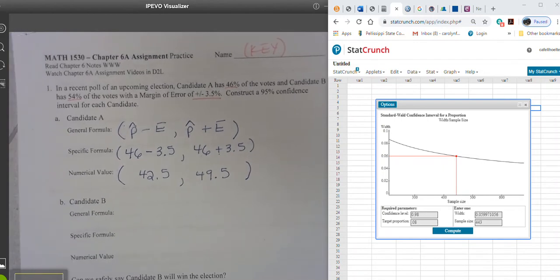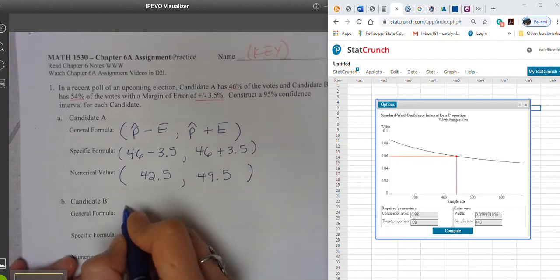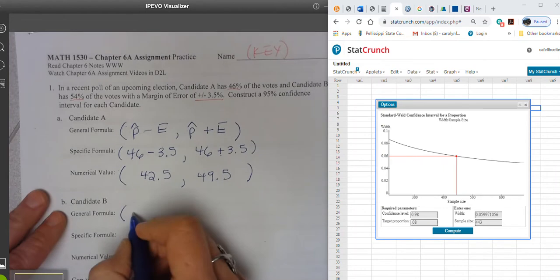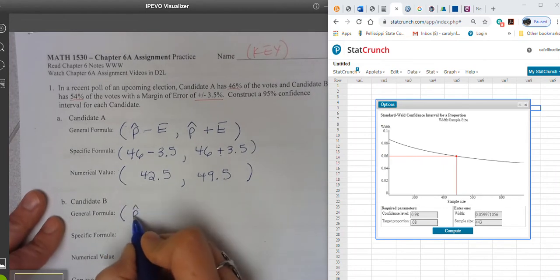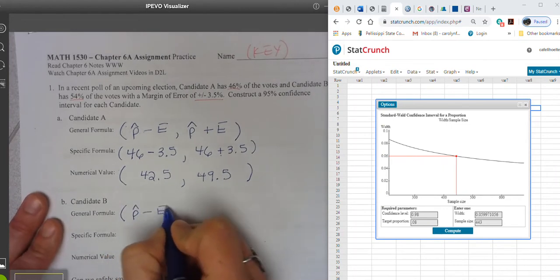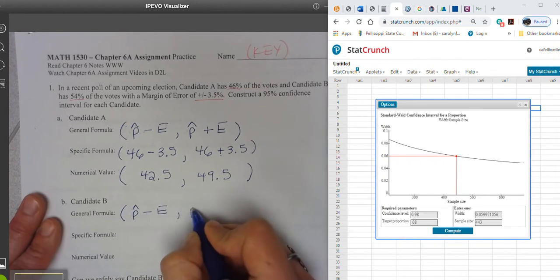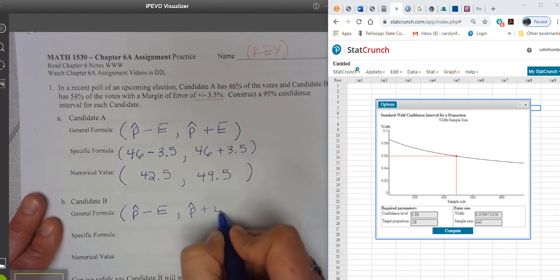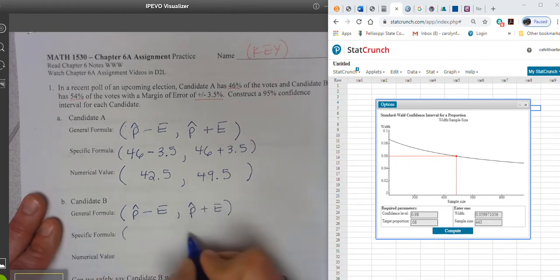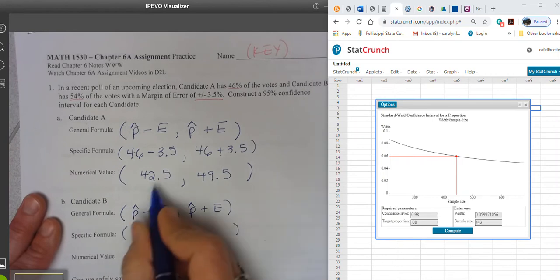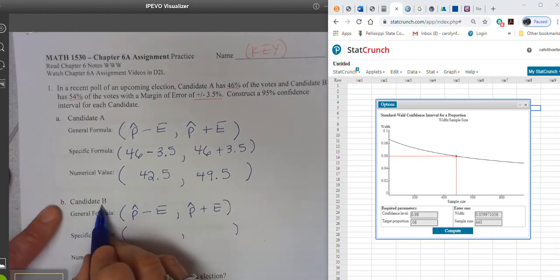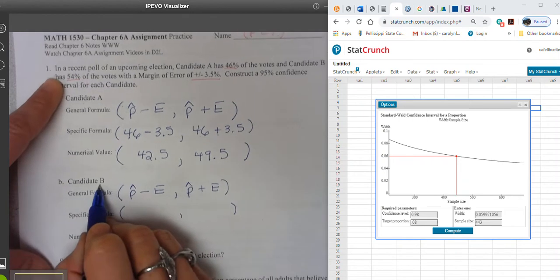Let's look at the one we would build for candidate B. So again, our general formula is whatever the p-hat is, that's our best point estimate, minus the margin of error. Our upper limit is our p-hat plus the margin of error. So this time for candidate B, that's the 54%.